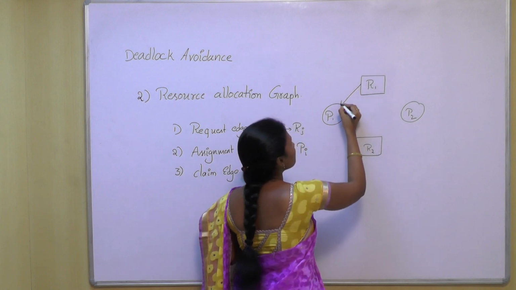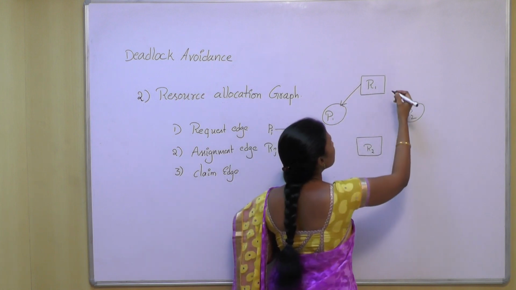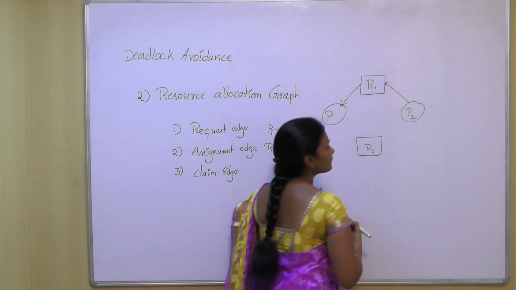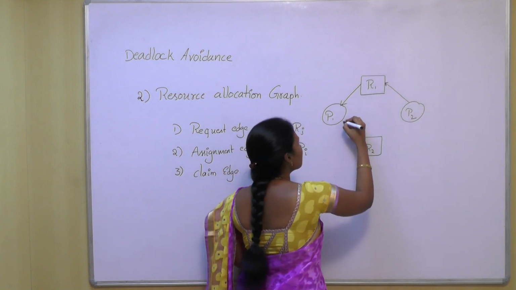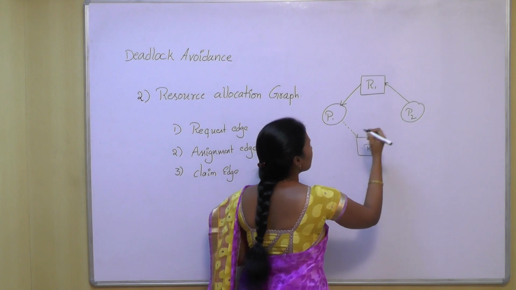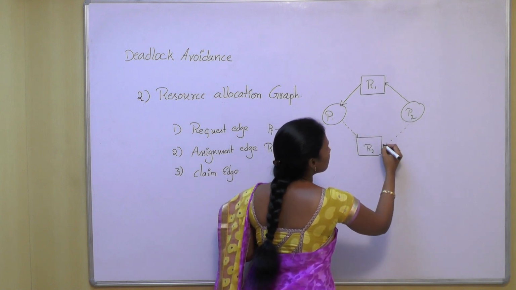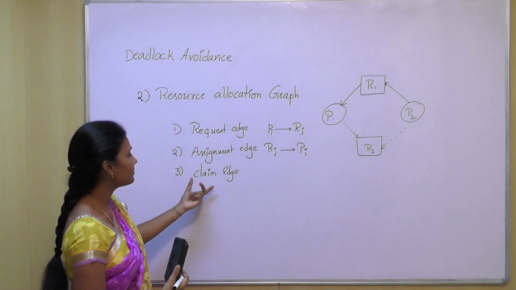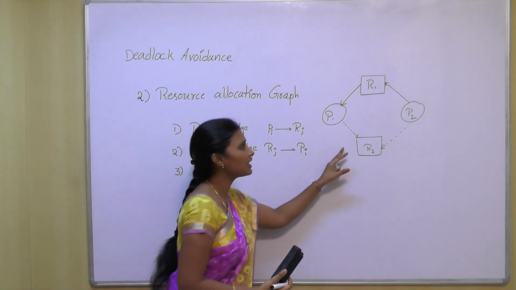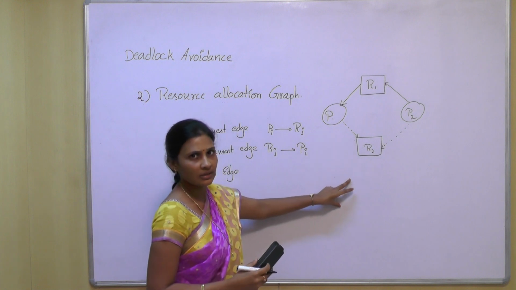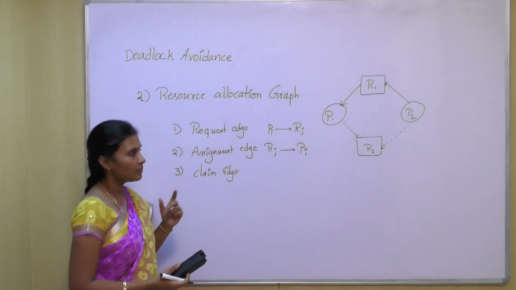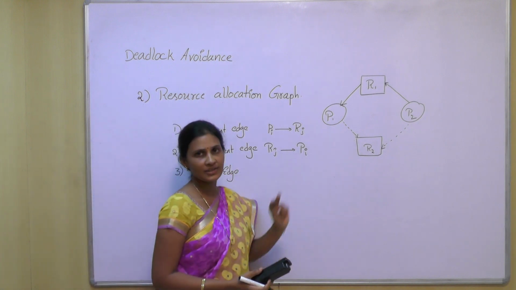Process P1 is holding resource R1 and process P2 requests resource R1, and these are the two claim edges. The claim edges are represented with dashed lines in the resource allocation graph. It resembles a request edge, but we represent it with dashed lines.